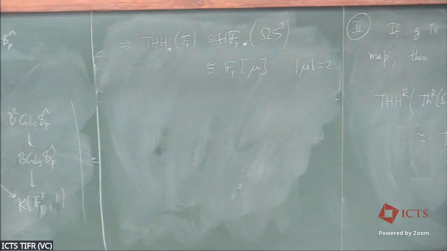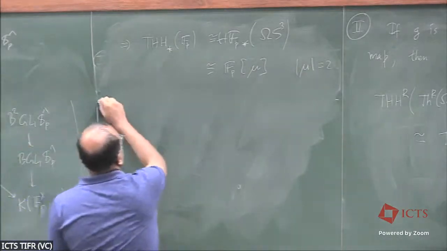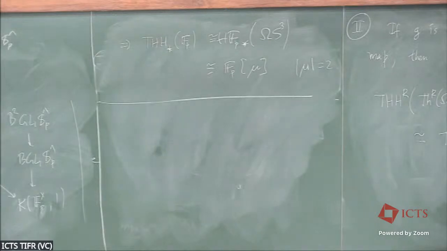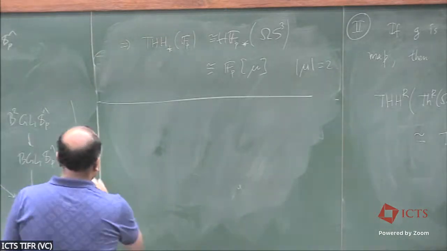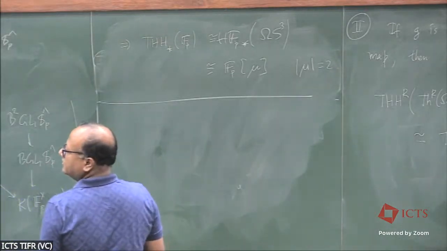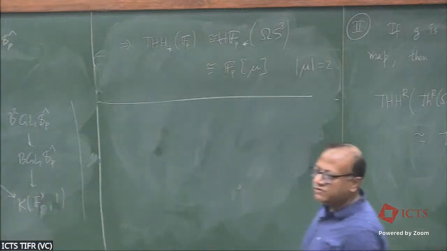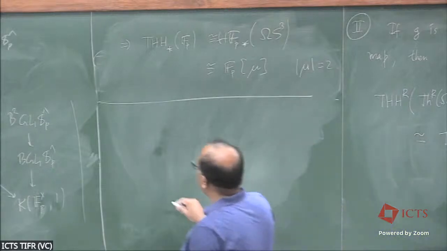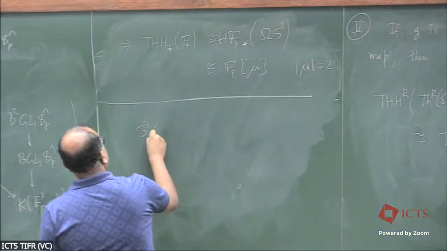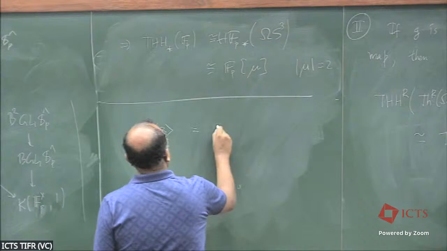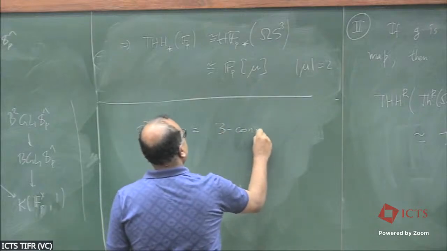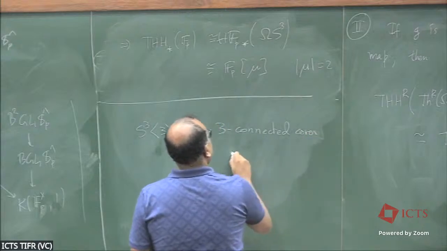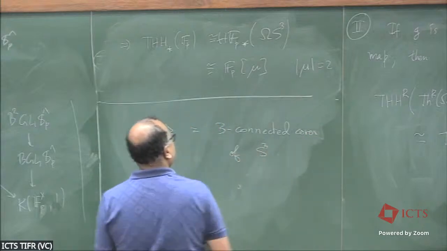So for Z, you can maneuver around this argument to get an argument for Z. Basically, you look at S3<3>, the 3 connected cover of S3.